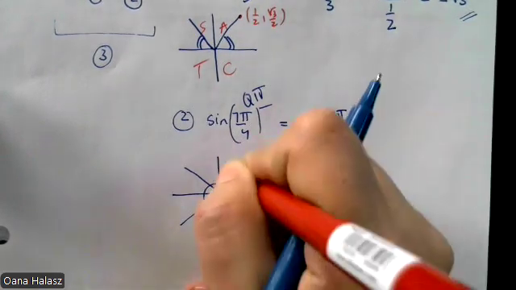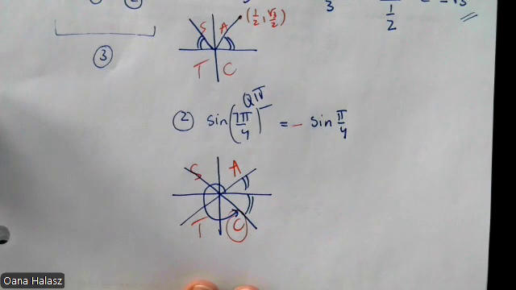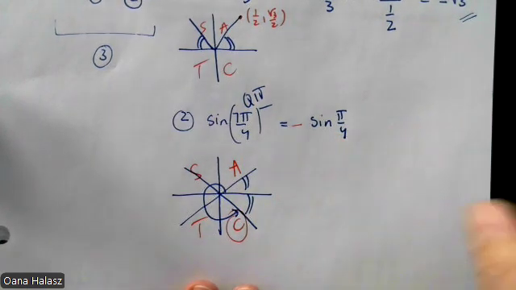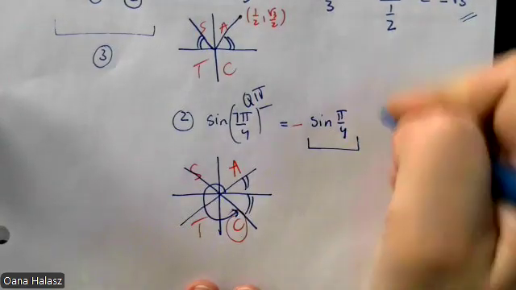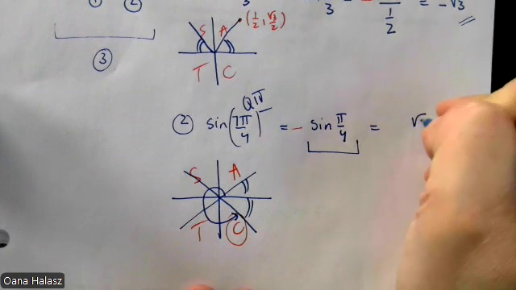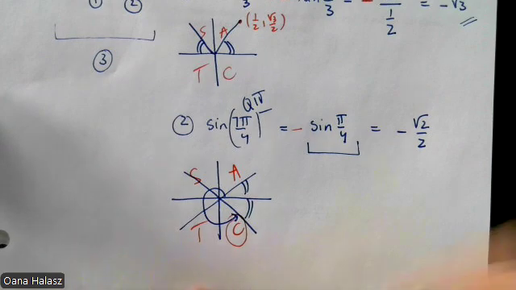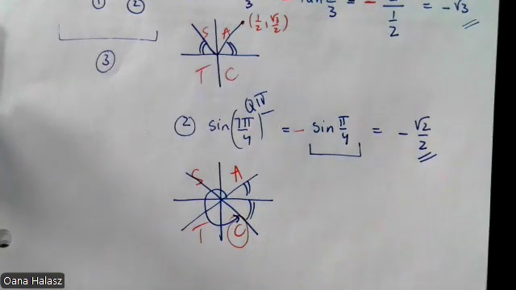Negative, because again, CAST rule means only cosine is positive in quadrant 4, the other ones are negative, okay? So negative for sine. Now, what is sine of pi over 4? Straight from the unit circle points. Root 2 over 2, and negative because we're in quadrant 4. Second step is done.